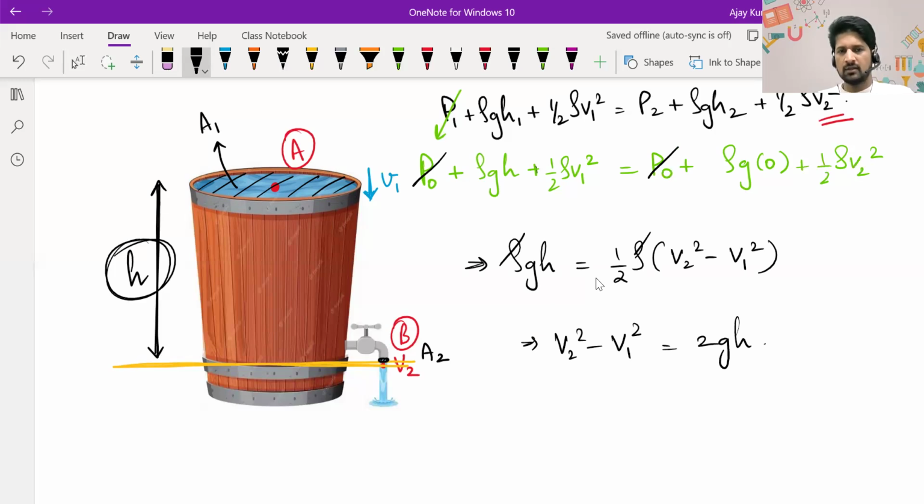So if a liquid which is exposed to atmosphere is flowing down only because of gravity, V2 square minus V1 square will be 2gH. But still, we didn't get the final expression only for V2. This equation involves V2 and V1. Can any of you tell me another equation which involves V1 and V2?